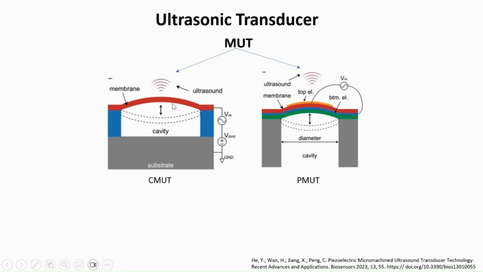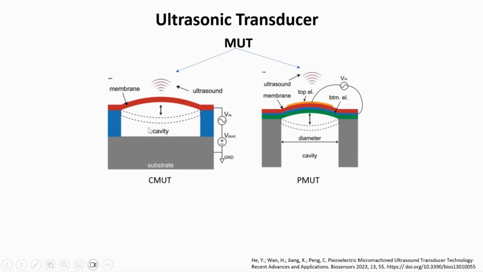Because of the DC bias, there's an electrostatic attraction between the top layer, shown in red here, and the substrate. So there's now a charge generation, right? The top and the bottom are now attracted a little bit. On top of the DC, I'm going to apply an AC.